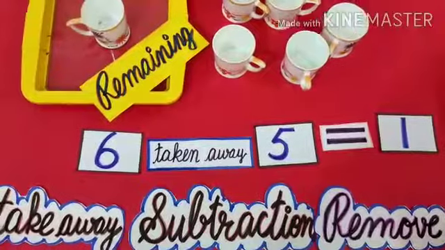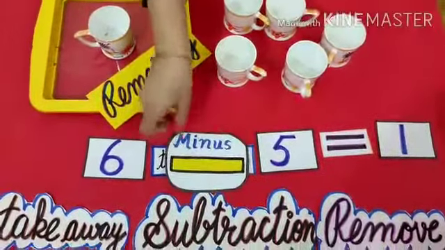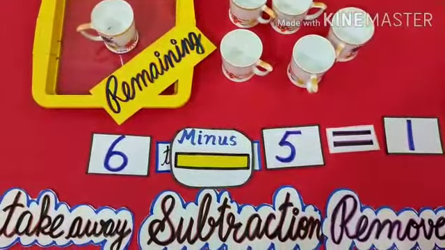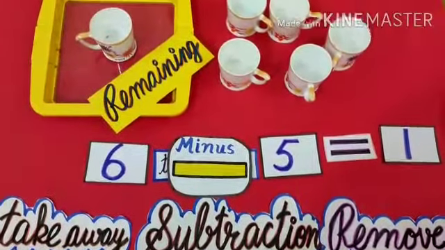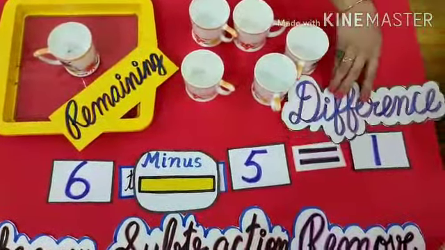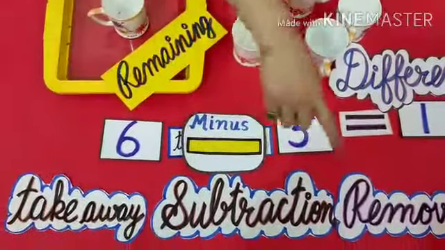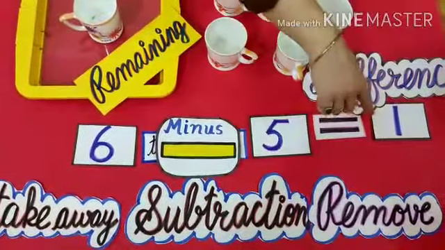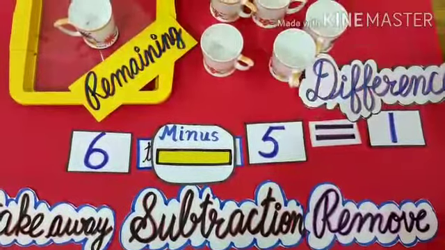And we use minus sign to subtract 2 numbers. And the answer is called difference. 6 minus 5 is equal to 1. And 1 is called difference. So kids, subtraction means to take away and to remove. And answer is called difference.